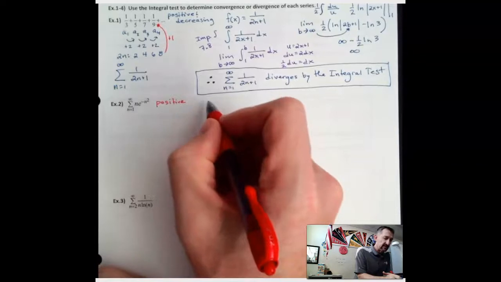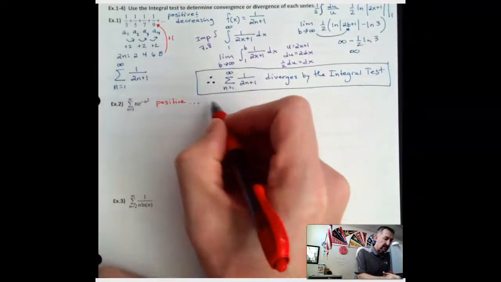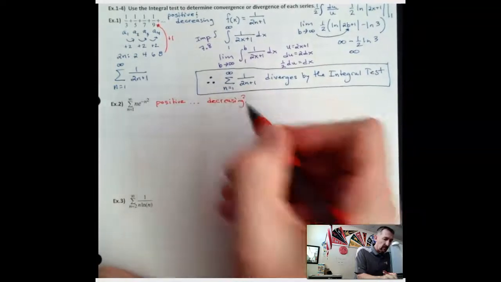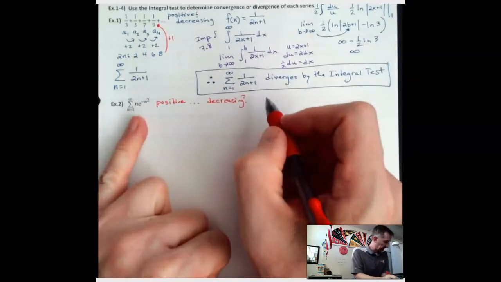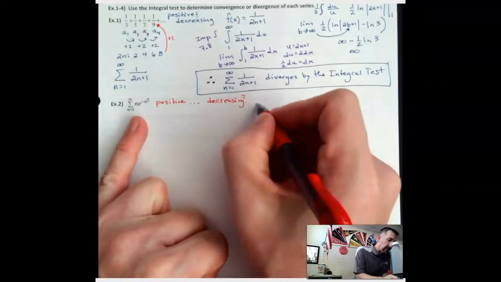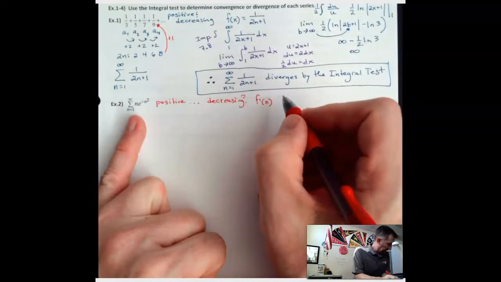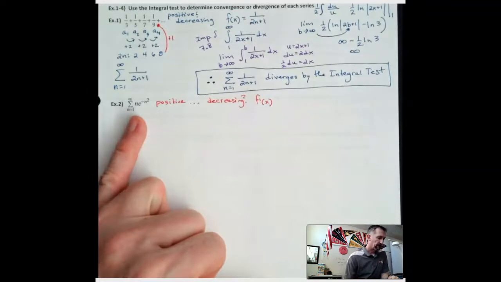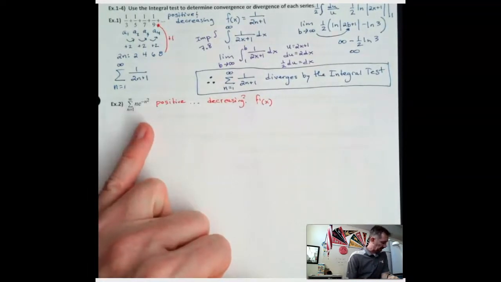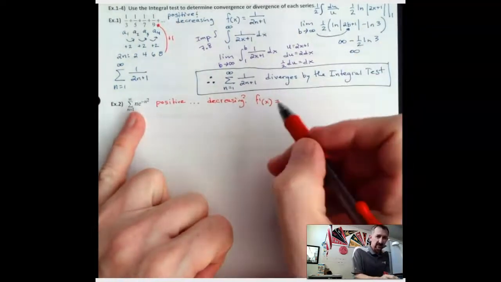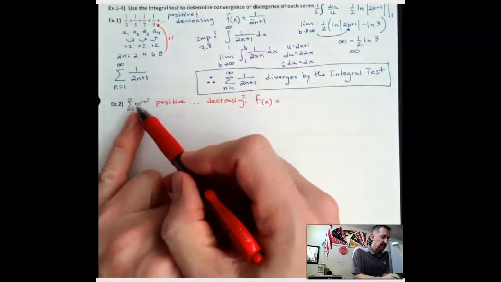So to find out if it's decreasing, so it's positive, decreasing, question mark. So if we take the derivative and we switch it to x, so the derivative of that would be e to the u. Okay, so we're switching those to x's to compare it to the function. So that's going to be the product rule.